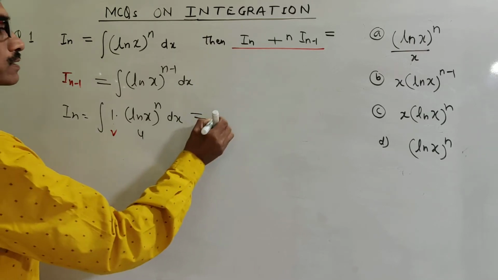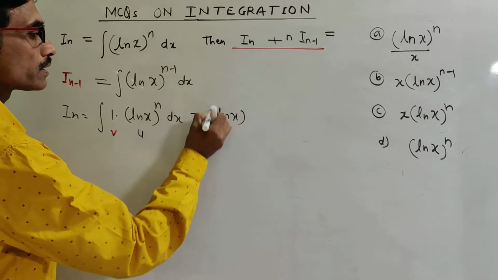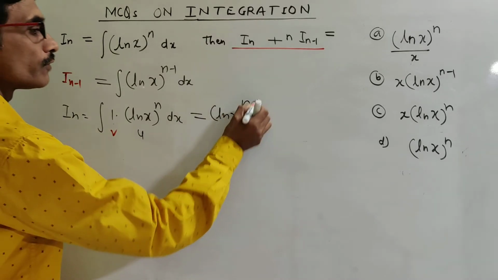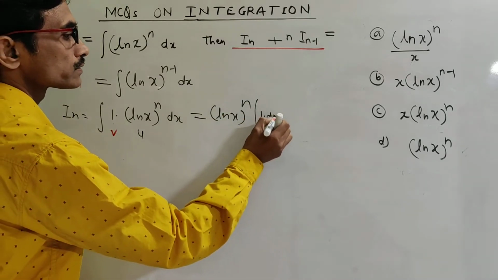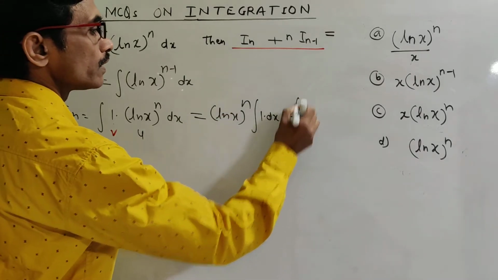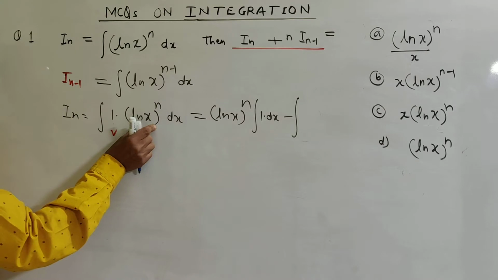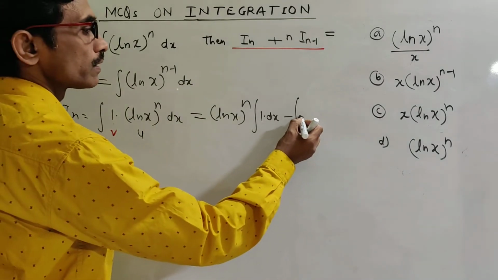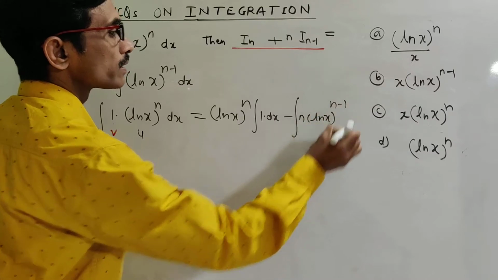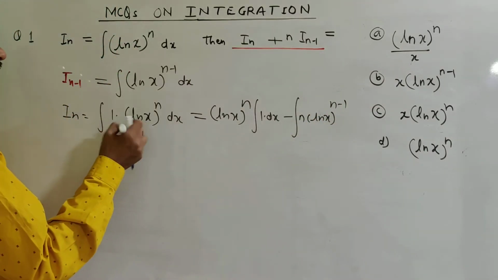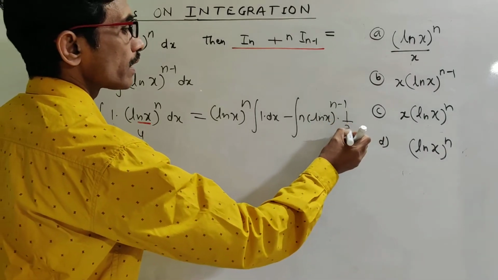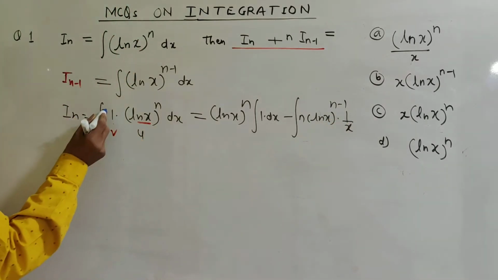So log x, that is u, as it is, and the integral of 1 dx, that is x, minus the integral of the derivative of this, which will be n into (log x) raised to power n minus 1, and into the derivative of log x, that is 1 by x, and the integration of 1.